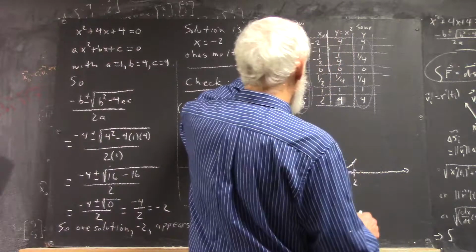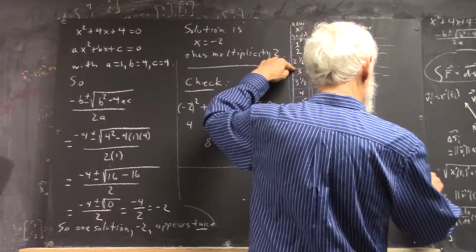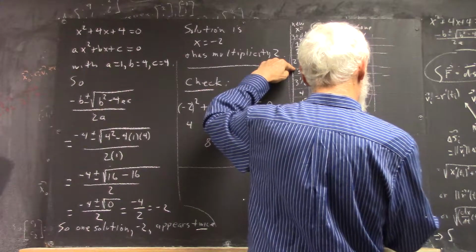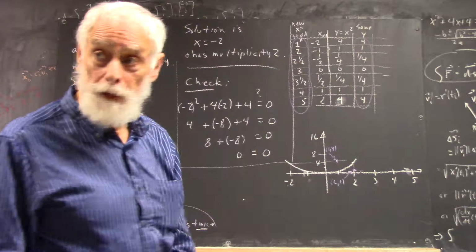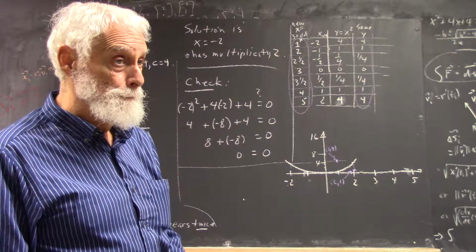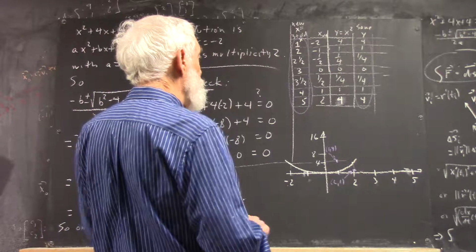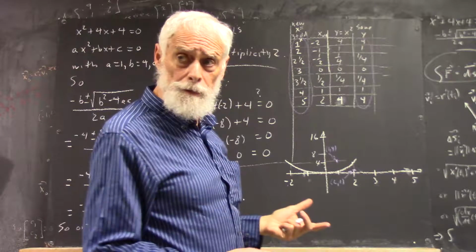But you see, I'm going to have to go out to 3, 4, and even 5 to plot this purple graph. Okay? So if I go to 3, my value is 0, isn't it?